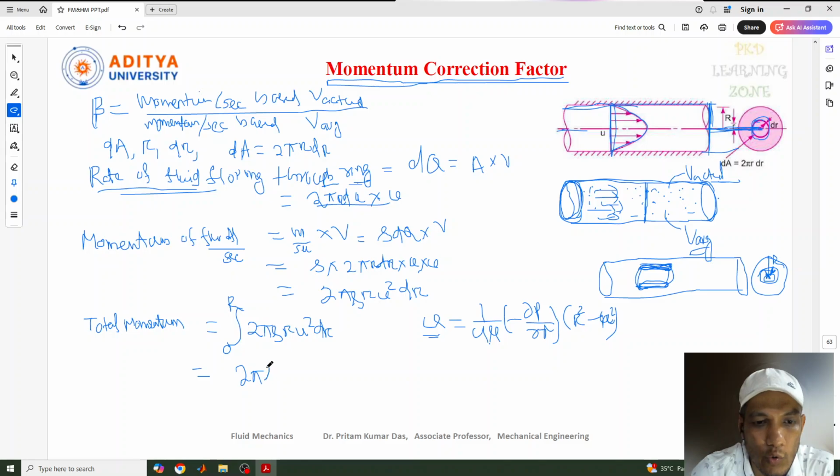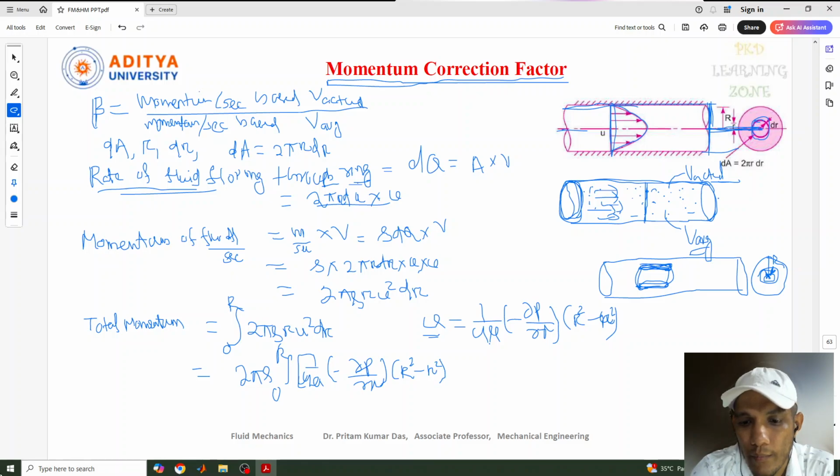Let me write 2 pi rho, integration 0 to R, and start writing the u value: 1 by 4 mu, minus del p by del x, bracket close, into R square minus small r square, bracket close, whole square because it is u square, again into r dr.